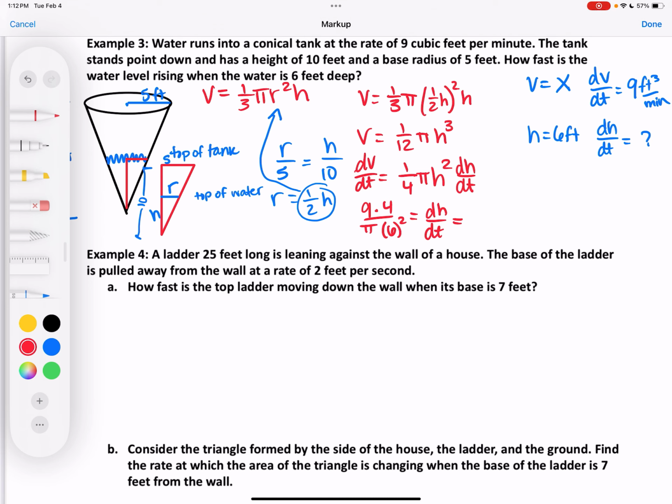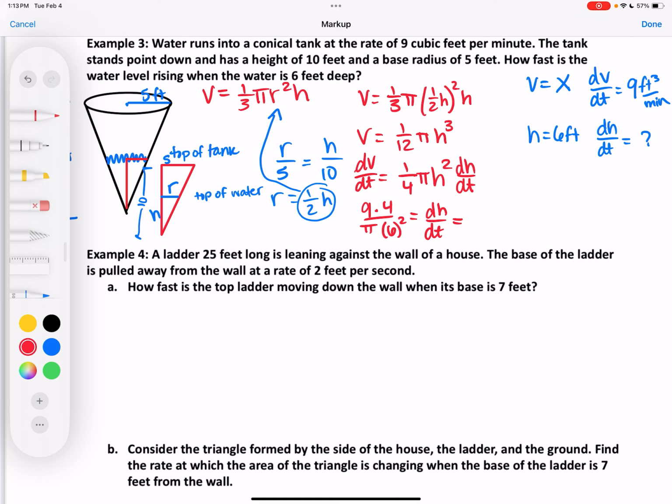Okay, so the 9 is the dV/dt. I multiplied it by the 4 from the 1/4. And we have the pi, and I divided by pi. I plugged in 6 for h, so I divided the whole thing by 6 squared, aka 36.